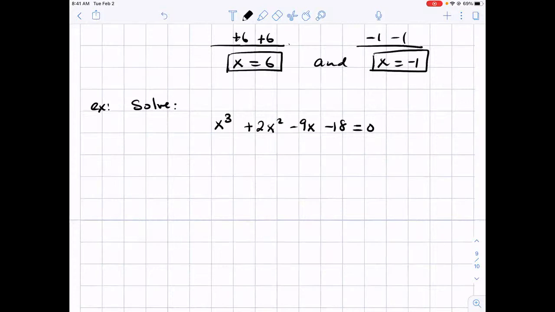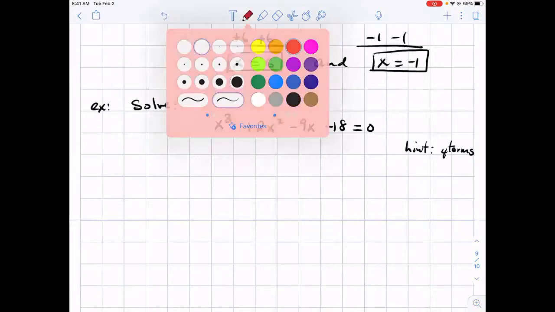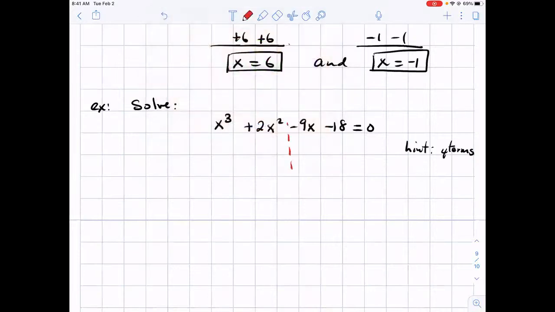So we cannot say A, B, and C. But a hint here is that you have 4 terms, okay? You do have 4 terms. So hint, 4 terms, okay? And we said that if we have 4 terms, we can try to factor by grouping.